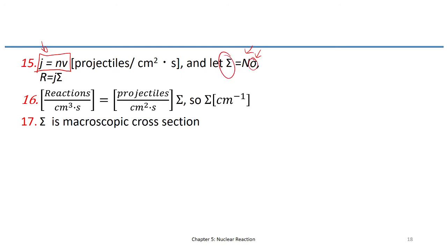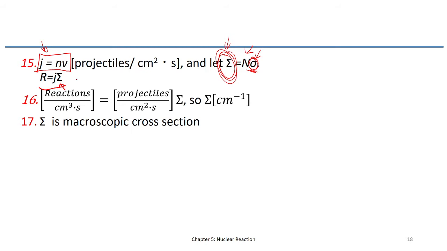This one is small sigma, and this is capital sigma, the uppercase of sigma. If you join them together and express them in uppercase sigma, our reaction rate is just the current density multiplied with the uppercase sigma.